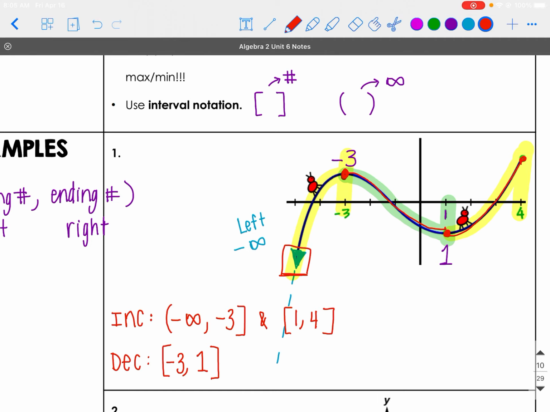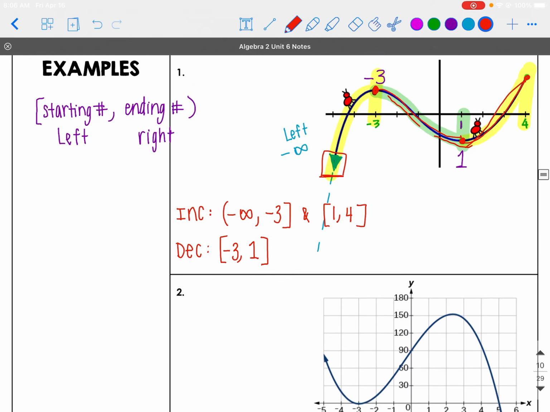And then he must just fall off the cliff. So increasing from negative infinity to -3. Then he starts decreasing from -3 down to 1. And then he increases from 1 to 4.